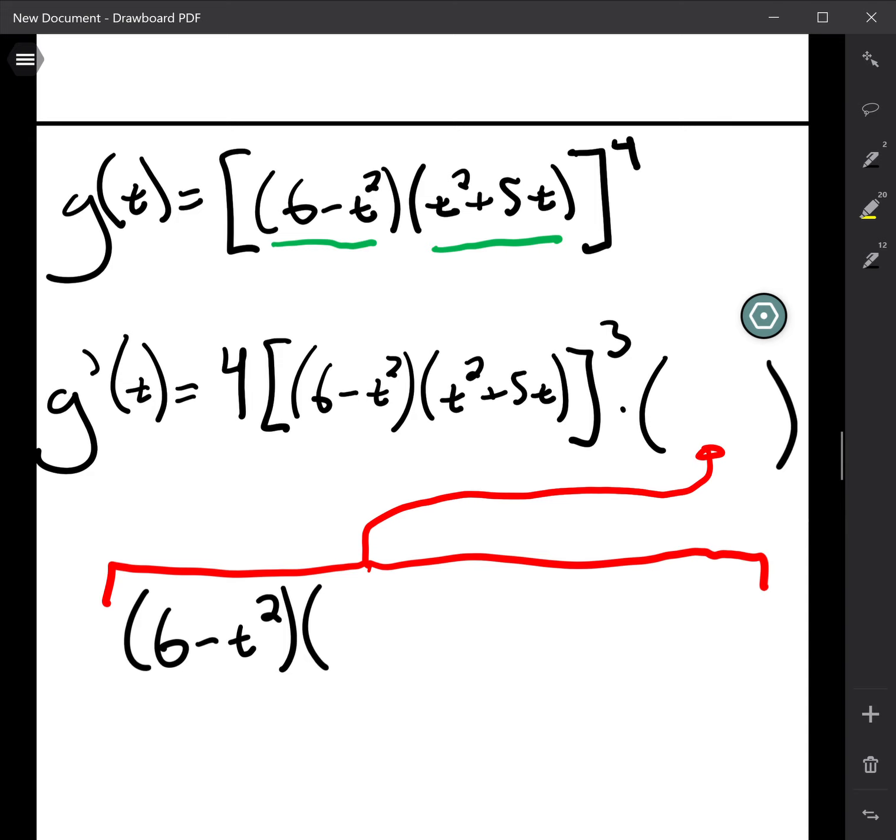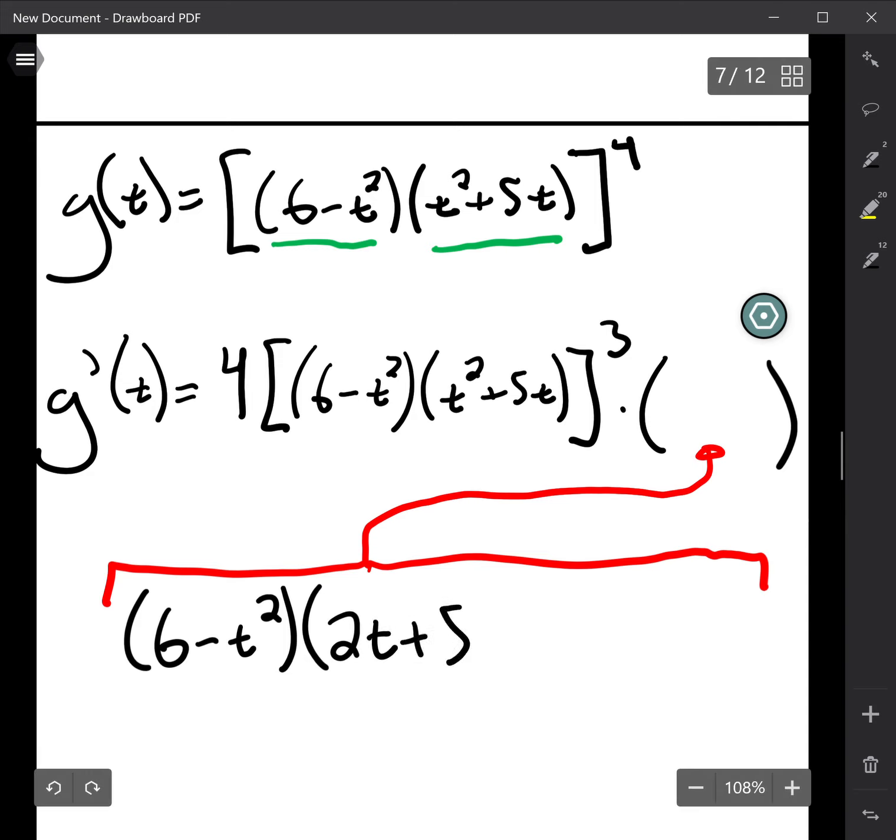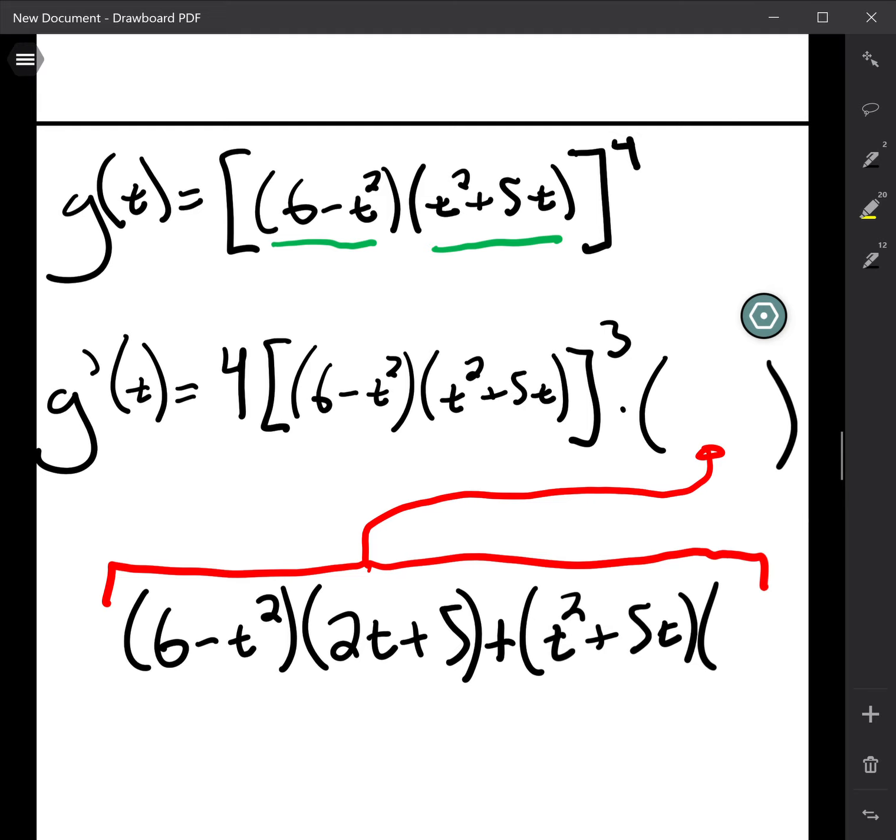Derivative of t squared is 2t. The derivative of 5t is 5. So we got first d second plus second, t squared plus 5t, times d first. The derivative of 6 is 0, whereas the derivative of negative t squared is going to be minus 2t.